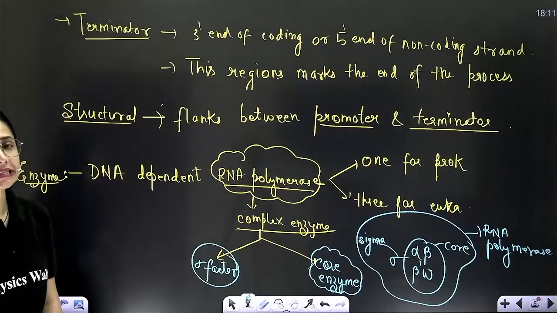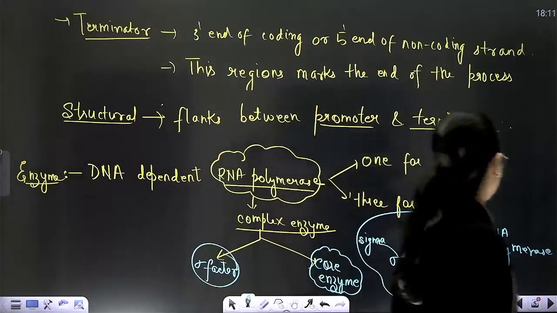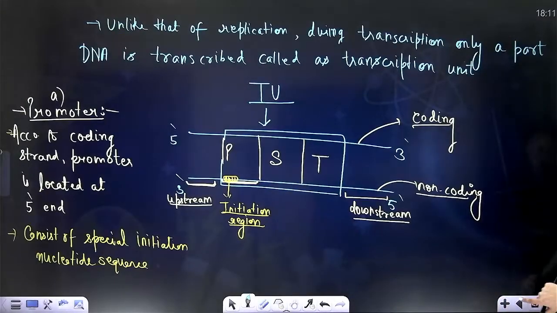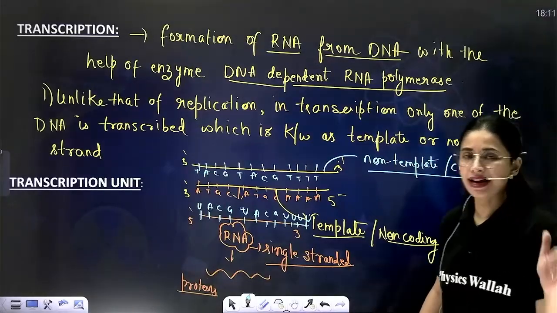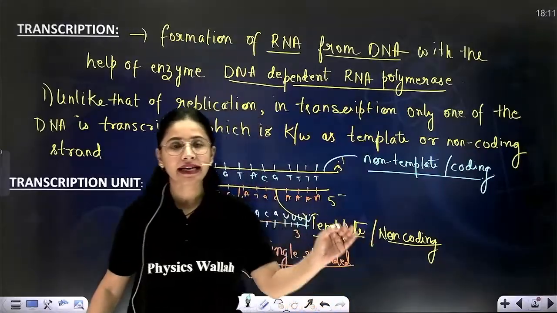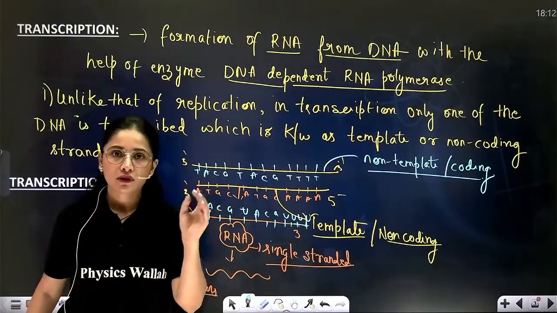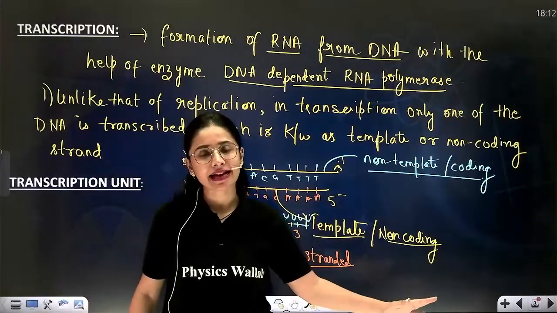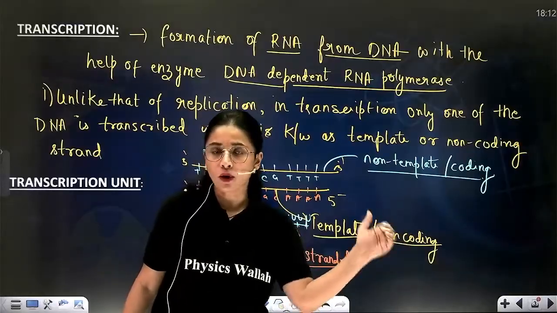Now, before I start with the process of transcription, one more thing I want to share with you. I hope so far you have understood everything I have written on the board. What is transcription? Transcription is a process where DNA is copied to form RNA. Second, for this process a complex enzyme is required, called DNA-dependent RNA polymerase.